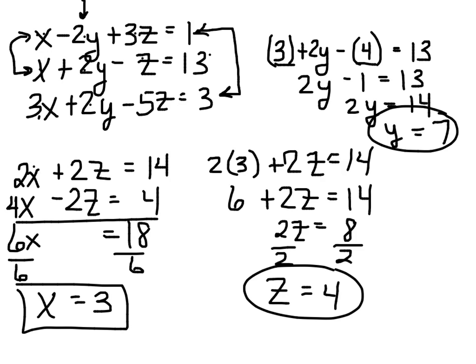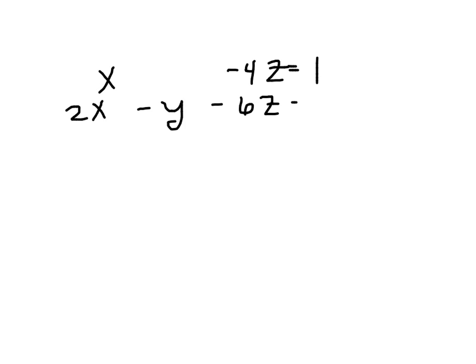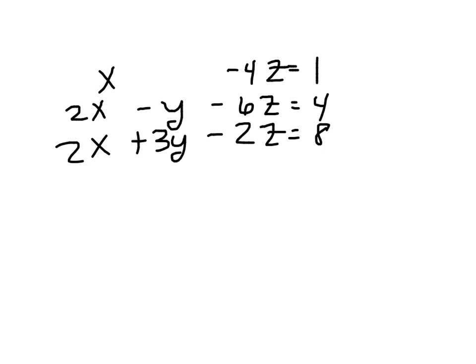Okay. If they ever give you one that has what I consider a hole in it, where they're missing one of the letters, for example, something like this: x minus 4z equals 1, 2x minus y minus 6z equals 4, 2x plus 3y minus 2z equals 8, then I would start right here.